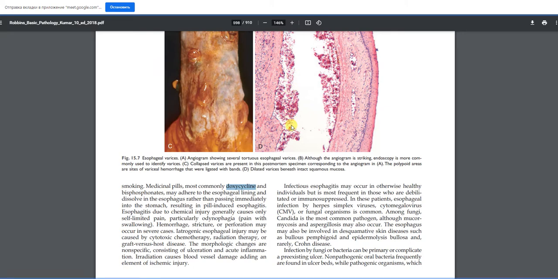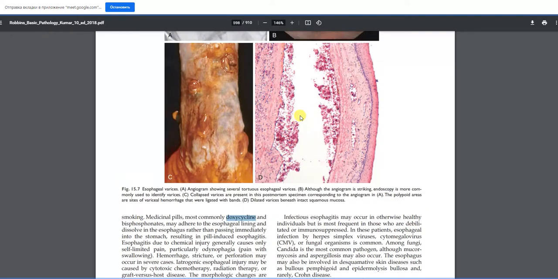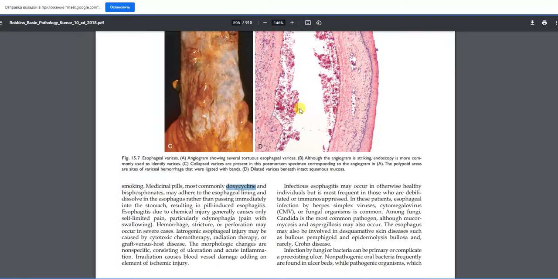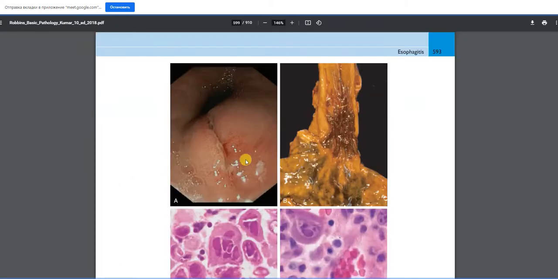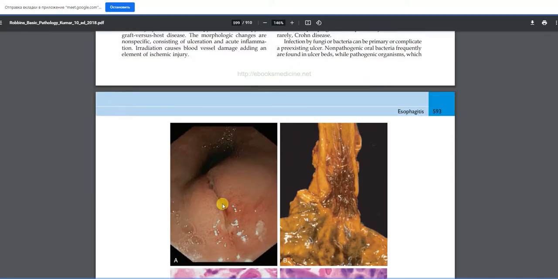You see, so this squamous epithelium is torn. The epithelium is very ruptured. Here you see a lesion which is present here.